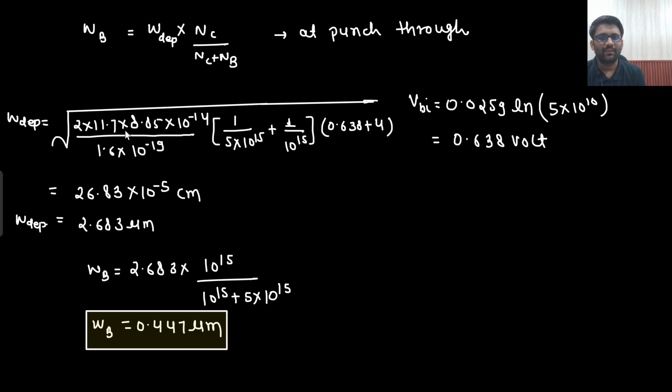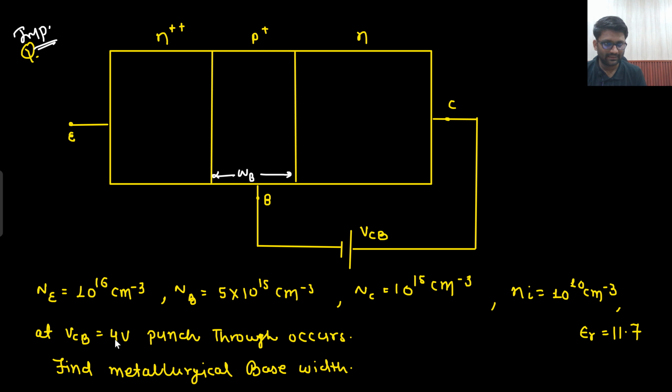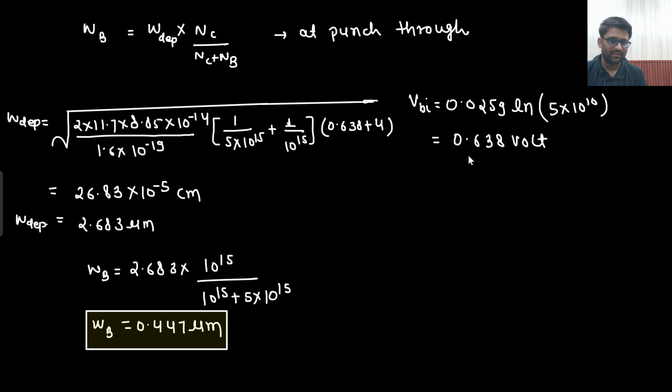W depletion I can find out under root 2 epsilon by Q, 1 upon NC plus 1 upon NB into the total for reverse bias plus the built-in potential, which is 0.638. So that I apply here, and from here I got to know that my depletion width is 2.683 micrometer.